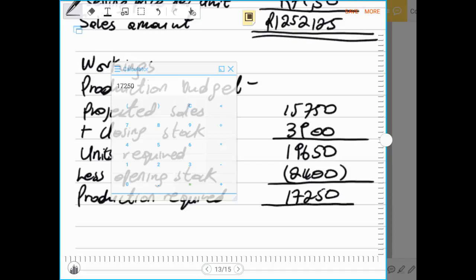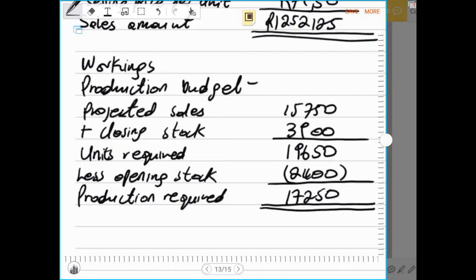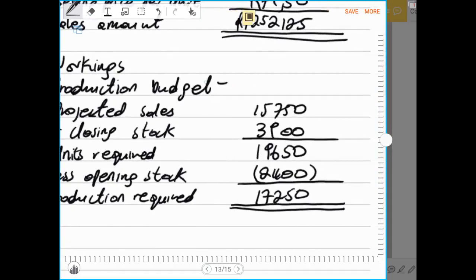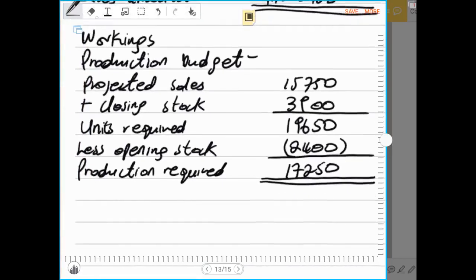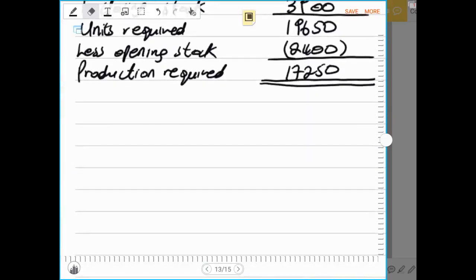These are the number of units that will be produced in the current year. Then we'll use that to do our direct material budget or material usage budget.